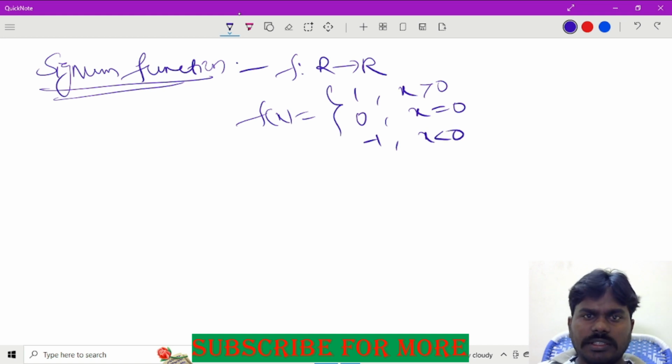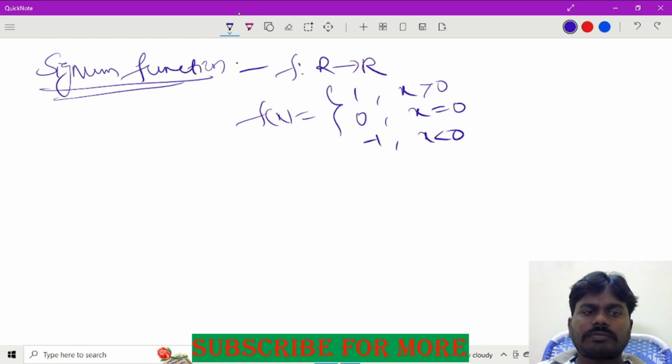Okay. So here this is the signum function. In this signum function, the domain is the set of all real numbers. But the codomain and the range are only minus 1, 0 and plus 1, because whatever the value of x you give to this function, the output is only minus 1, 0 or 1. So only these numbers will be repeated in that function.